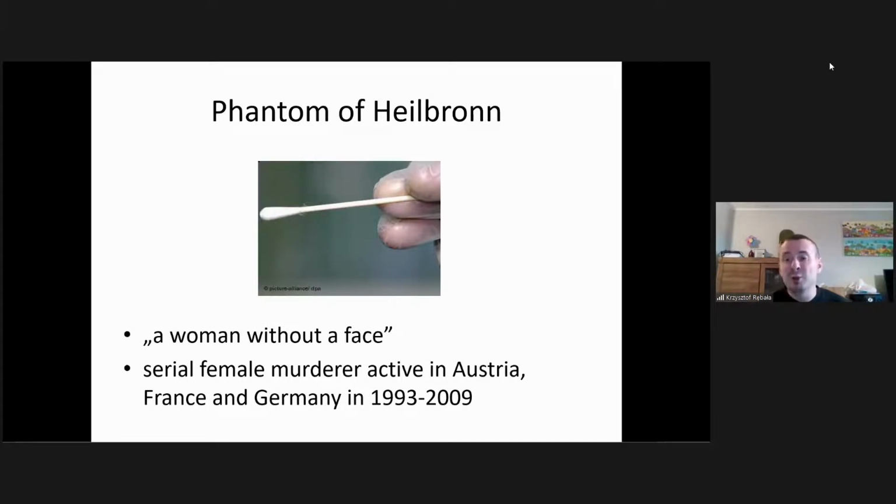The swabs used in these crimes in which the DNA of this woman was detected were produced in one factory. In this factory, there were women working from Eastern Europe. One of these women was regularly contaminating freshly produced swabs with her DNA. I don't know what she was doing, maybe she was cleaning her ears and putting them back into boxes.